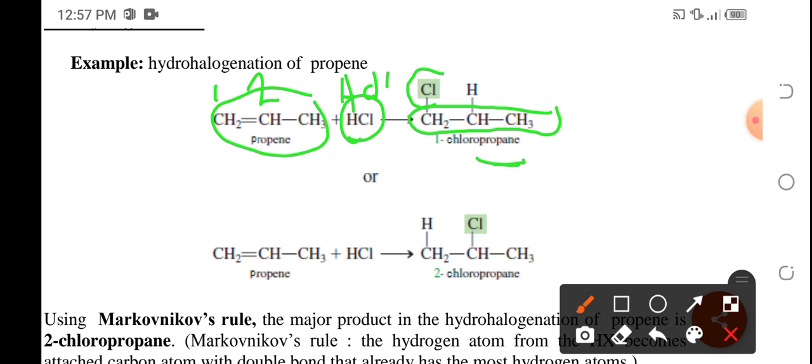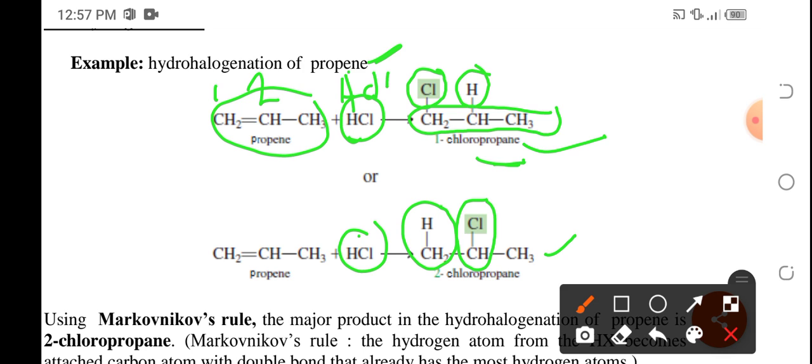So the chlorine could be accommodated here, and that would be the hydrogen. Pwede rin naman na the chlorine will go to the second carbon atom, and then the hydrogen coming from the HCl will go to the first carbon atom. So with hydrohalogenation of propene, we come up with two products, 1-chloropropane and 2-chloropropane.